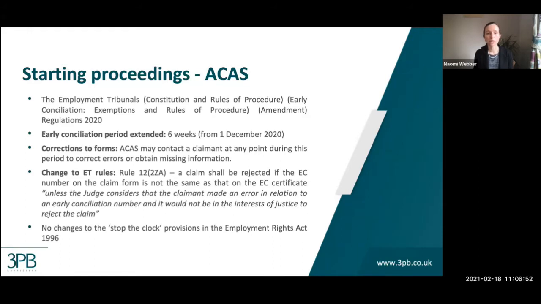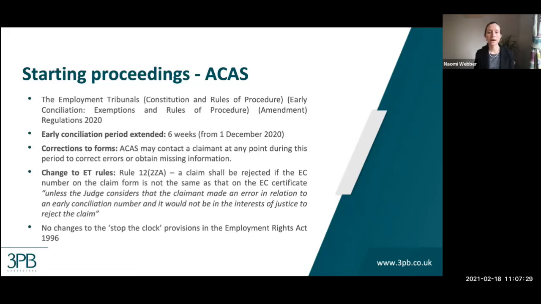And there's case law which says that not only not having a conciliation number, but a wrong conciliation number or a partially incorrect conciliation number is the same as not having one there at all. And this has led to real difficulties where claimants have made mistakes by putting the incorrect number or partial number on the form, and has in the past meant that a claim is rejected outright. Now, to seek to help this situation, new rule 12.2ZA has been introduced.